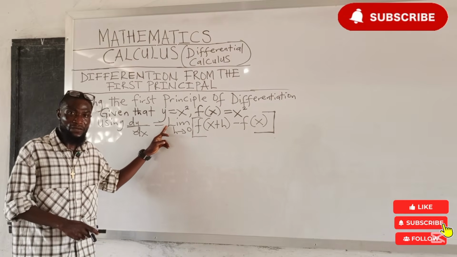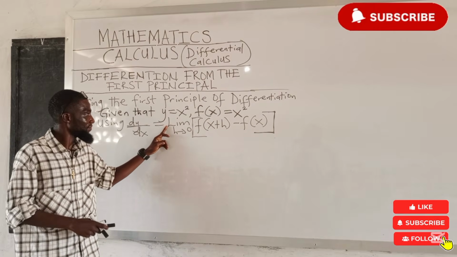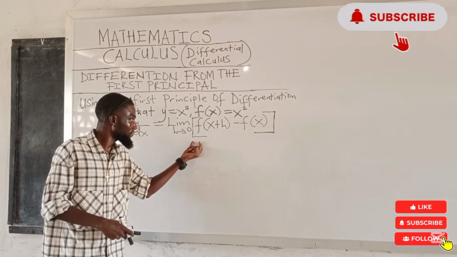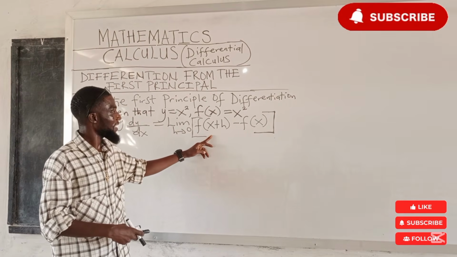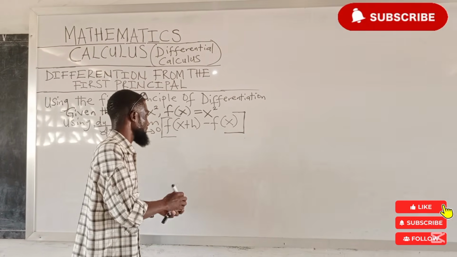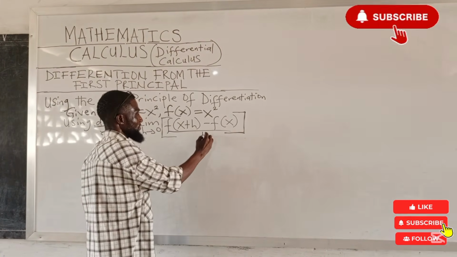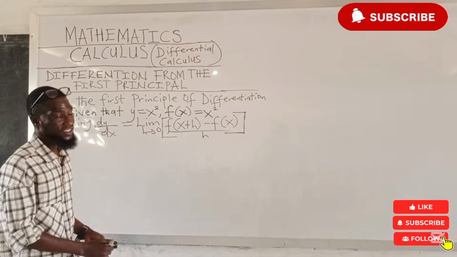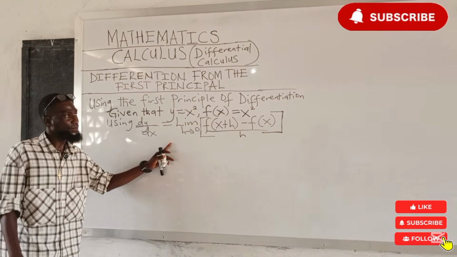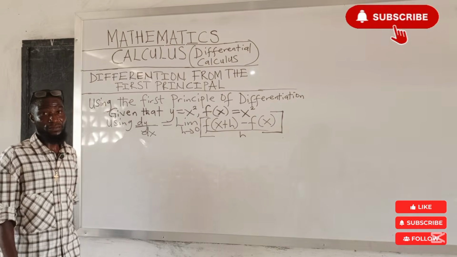This is the short form for limit. We say limit as h approaches 0, bracket open, f of (x plus h) minus f of x, bracket closes, over h. On this note, ladies and gentlemen, we'll be using this mathematical formula in order to solve our problem.